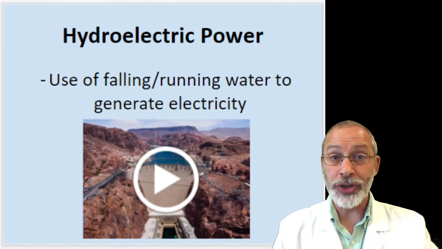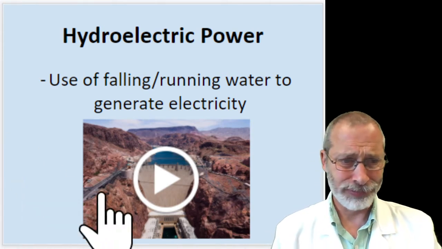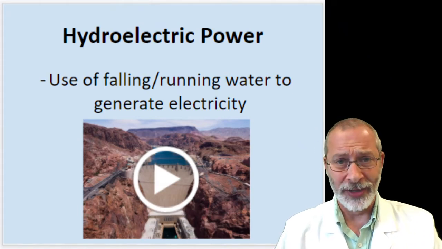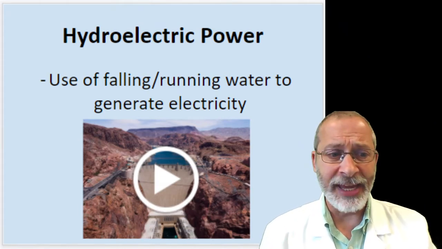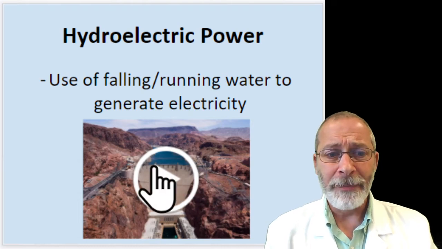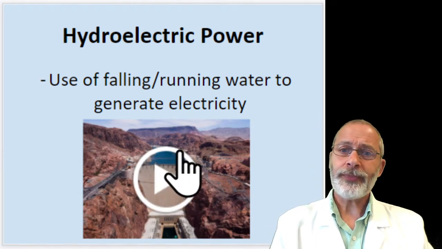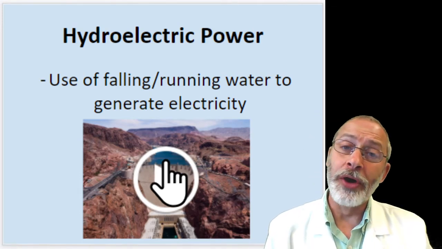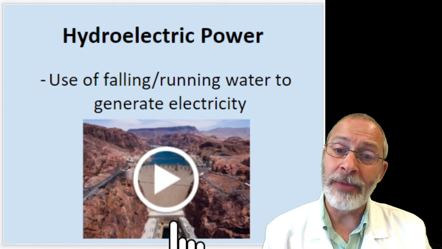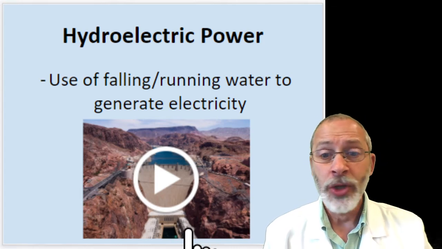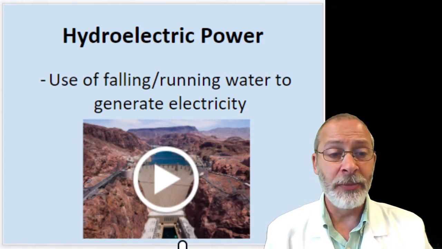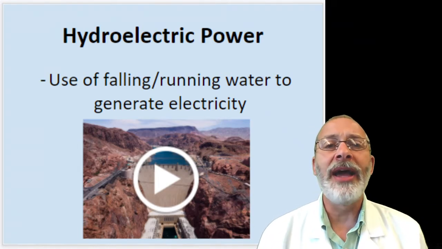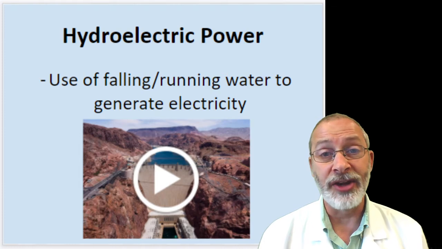Now, in the western part of the U.S., there are huge hydroelectric power plants. And these dams dam up rivers in order to create artificial lakes behind them. And then that water falls down through the dam into a generating station with a lot of energy. And some of these hydroelectric power plants power entire cities, if not entire states.